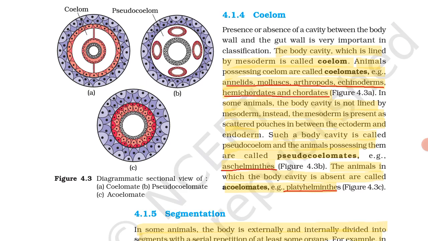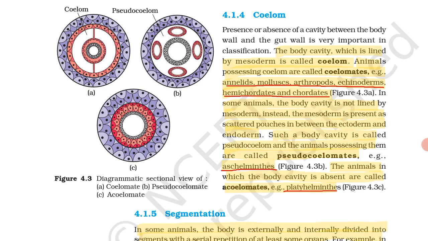Instead of the middle germinal layer, there are scattered pouches in between ectoderm and endoderm. Such a body cavity is called pseudocoelom, and the animals possessing it are called pseudocoelomates. In coelom, the middle layer is mesoderm, and the animals are coelomates.